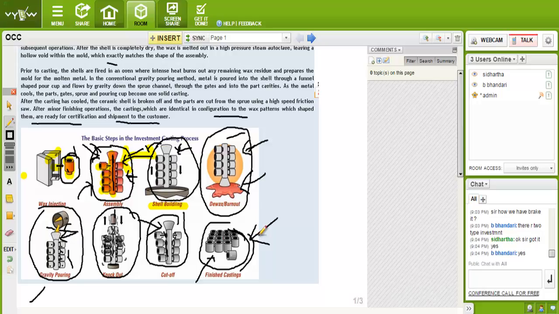That is why it is called investment casting, because the time needed for making a casting product is very less. At the time of a single casting, you make thousands of products, because the heating time and cooling time is the same. During this heating and cooling time, you make 100 products. Is it clear? That is why it is called investment casting.